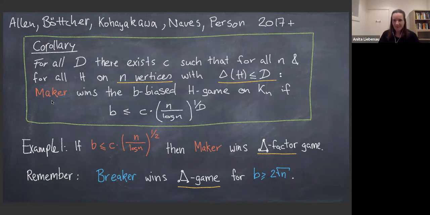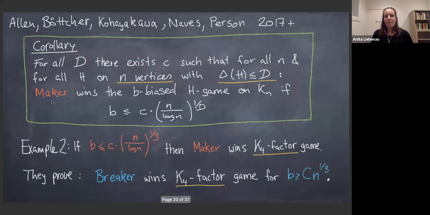And the second example I will mention here is the K4 factor game. Let's just plug in d equals 3. Then this example says that if b is at most (n over log n) raised to the 1/3, then Maker has a strategy to win the K4 factor game. And in the same paper, they prove that for the K4 factor game, at least the n to the 1/3 is best possible. So up to the log factor, that's known.